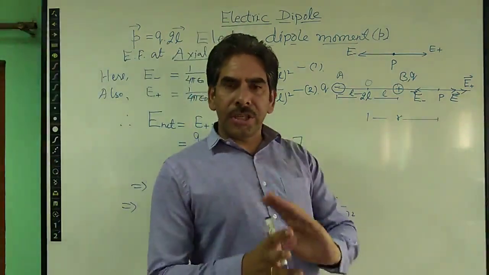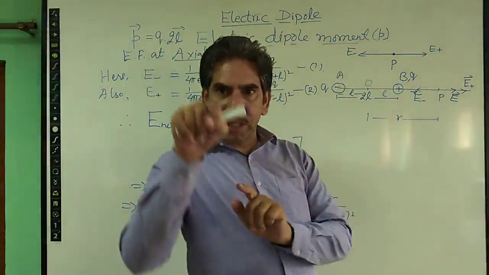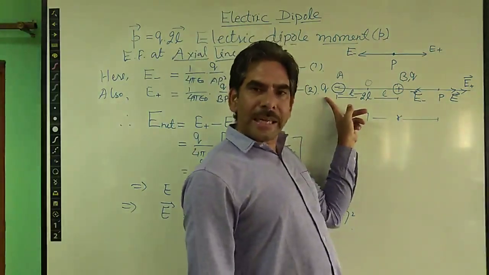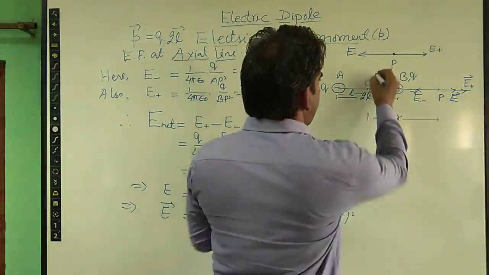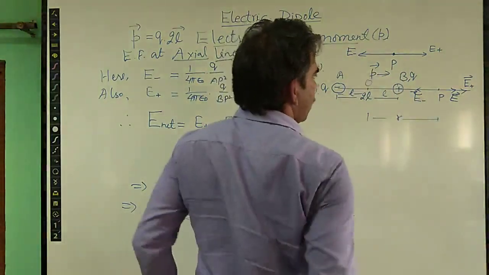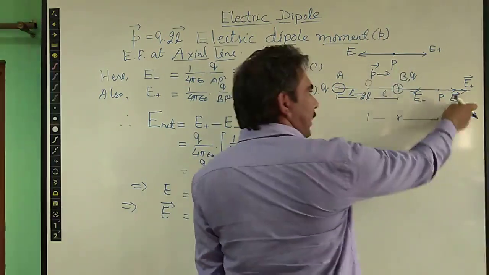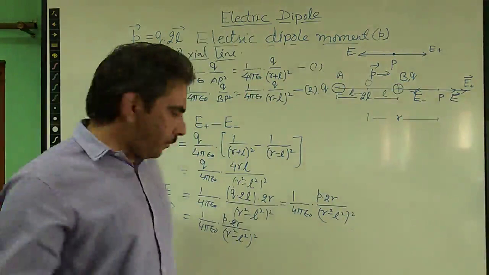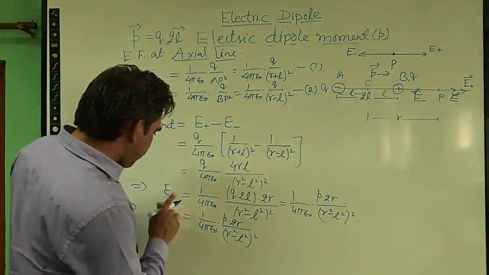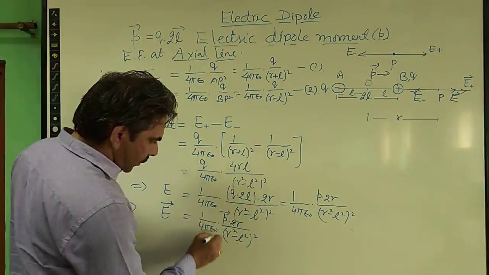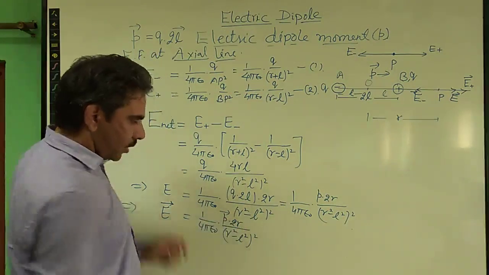By convention, the direction of electric dipole moment, which we represent by P, is taken from negative to positive. So the direction of P is from negative to positive here, and the direction of the resultant electric field is also along this P. So therefore in vector notation, it is written as E vector equal to 1 upon 4 pi epsilon into P vector into other terms.